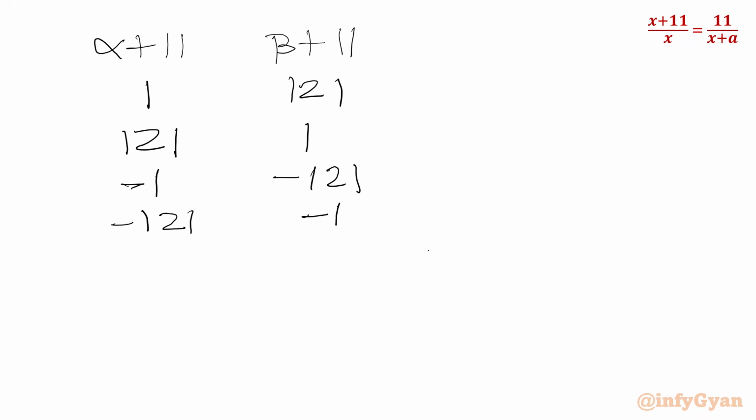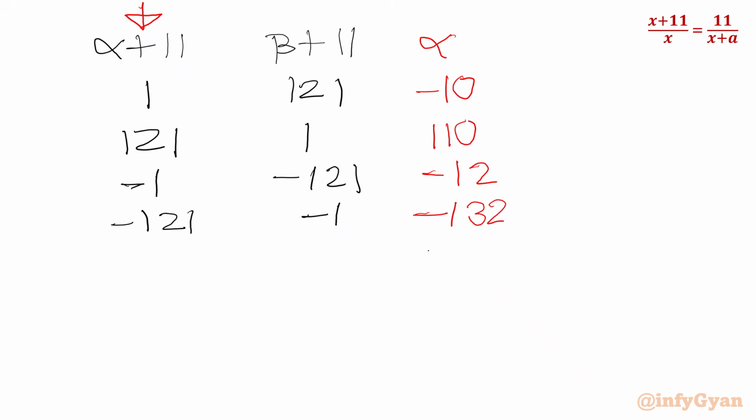Now we'll find alpha, beta and a. So I will write here alpha value, which we will get by subtracting 11 over here. So alpha would be 1 minus 11, minus 10. 121 minus 11, 110. Minus 1 minus 11, minus 12. And minus 121 minus 11, minus 132.